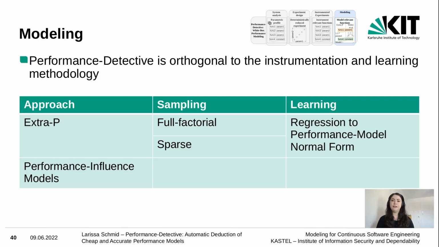For both sampling designs, they use the regression to the so-called performance model normal form as learning method. And for the performance influence models, they use a Plackett-Burman sampling design, as explained earlier, and decision trees as a learning method.